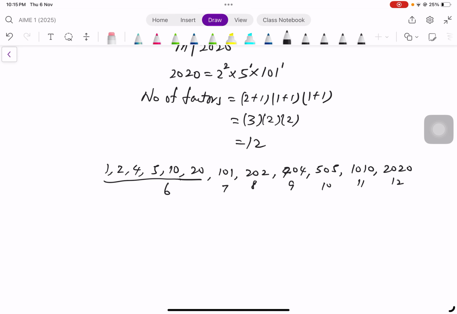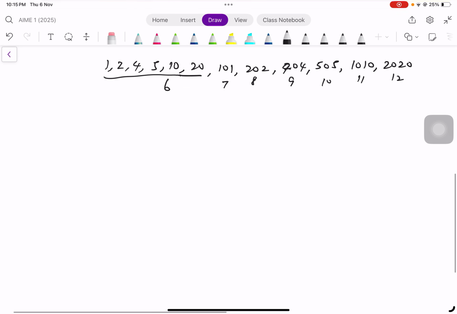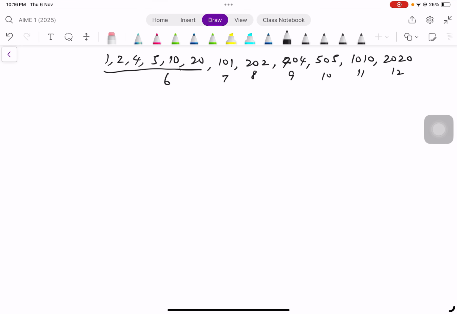Let's look at this. That means we are looking at m can be 1, then your big N will be 10 to the power of 4 times 1 plus 2020. Then m equal to 2, your N will be 10 to the power of 4 multiplied by 2 plus 2020.